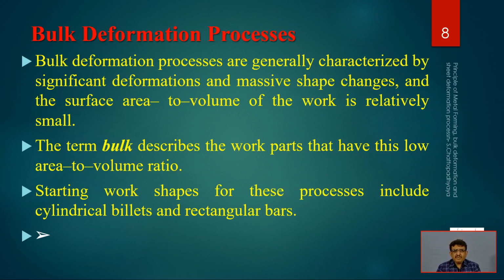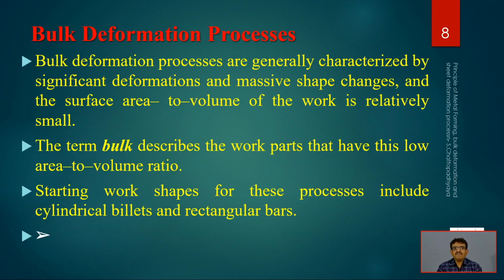The bulk deformation processes are generally characterized by what we have already discussed: significant deformation and massive shape changes. Massive shape changes are done in one go, and it is bulk because the surface area to volume ratio of the work is relatively small.